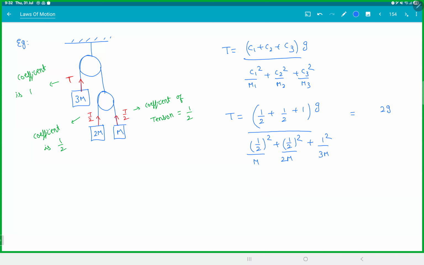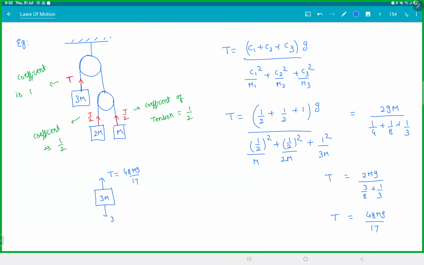This will be 2g by, the m goes up, 1 by 4 plus 1 by 8 plus 1 by 3. That would be 2mg by 3 by 8 plus 1 by 3. That will become 48 mg by 17. This is the tension.